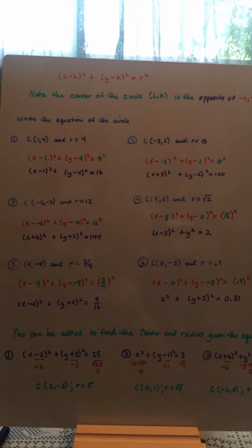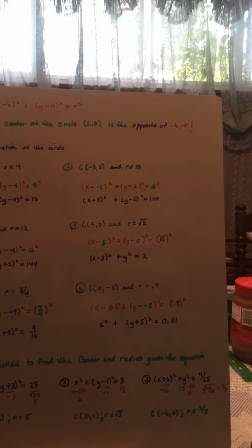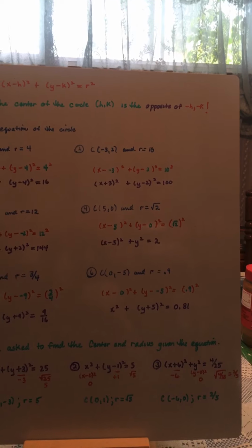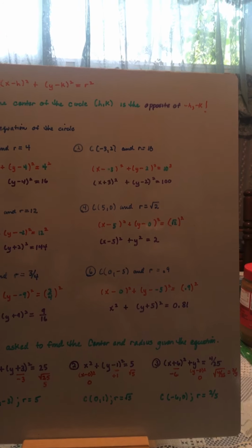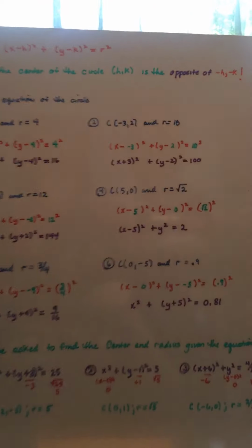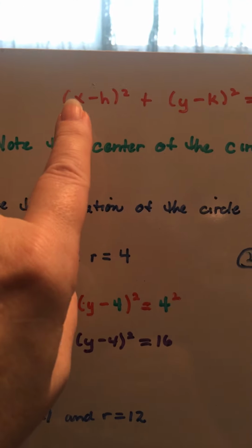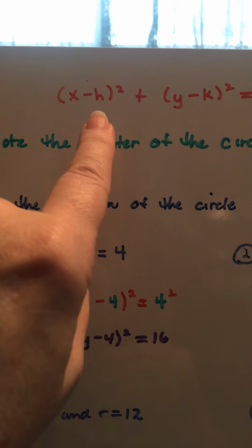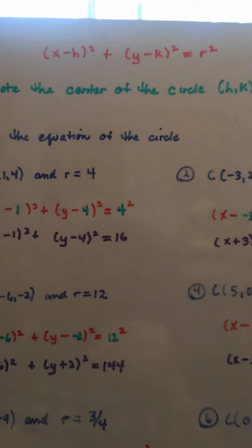Please note that the center of the circle, H, K, is actually the opposite of whatever is in the negative h position and the negative k position. Why? Because this is a distance, and so we're doing x minus the x coordinate and y minus the y coordinate.